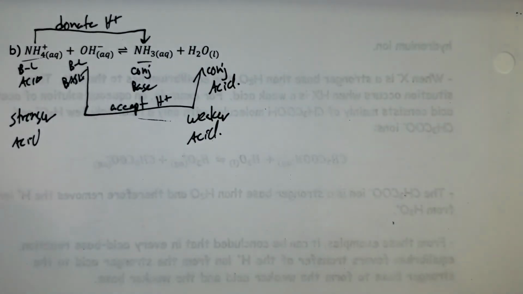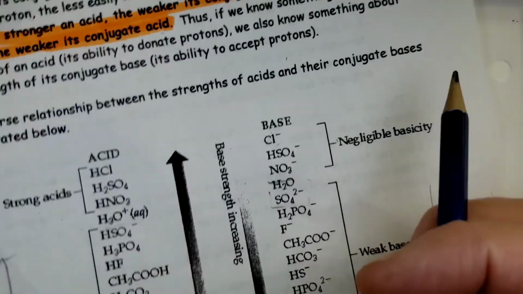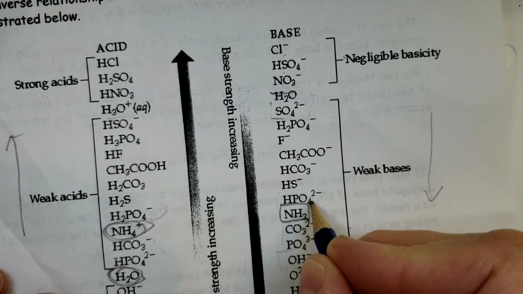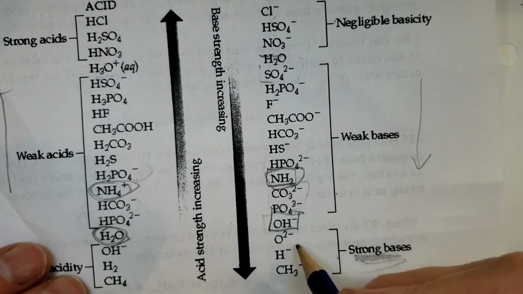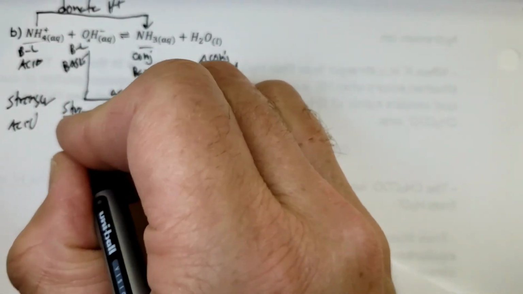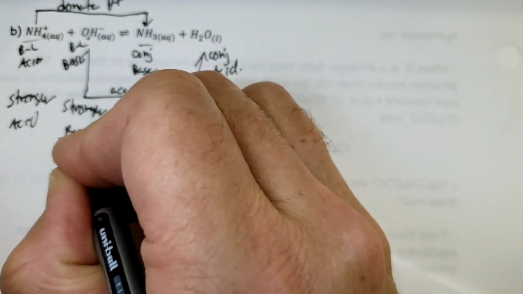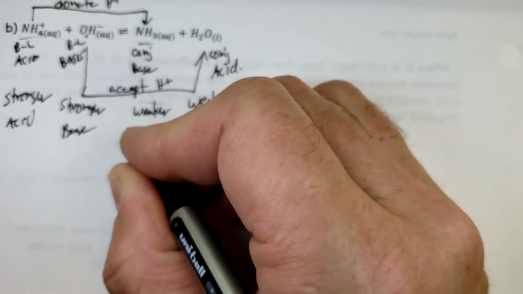And of course we know how the rest should turn out, but we should double check. NH3 and OH. OH is further down the list in the stronger base area. So OH is the stronger base than NH3, which is the weaker base.